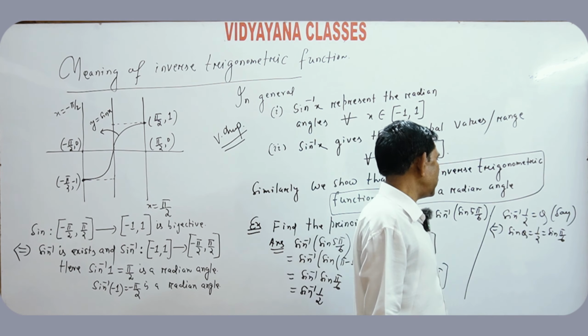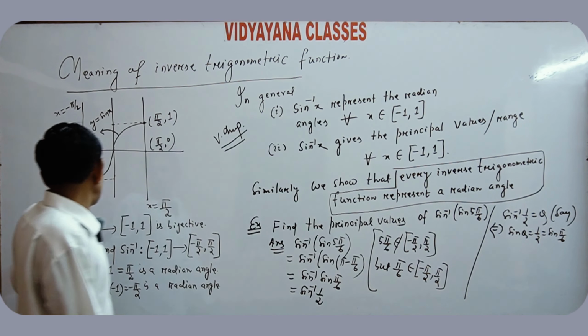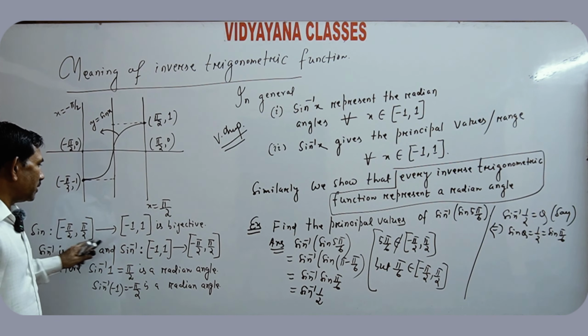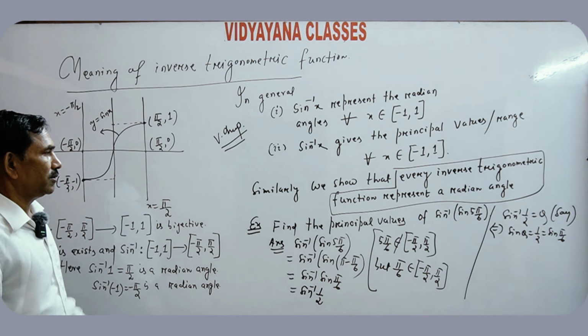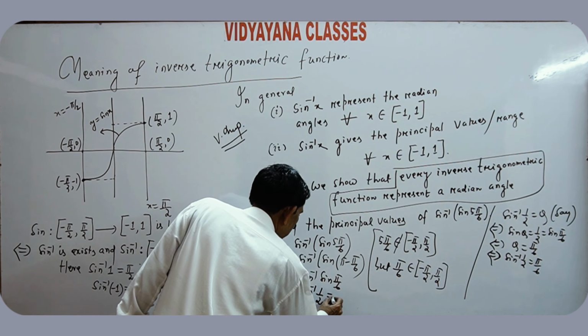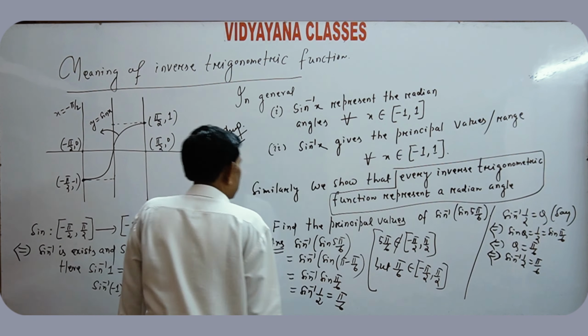Since sine function is bijective when it is defined from this set to this set, theta is equal to pi by 6. What is the value of theta? Sin inverse half is equal to pi by 6.